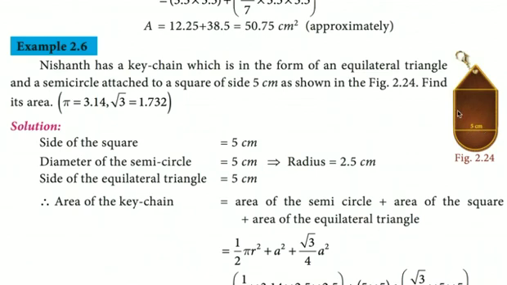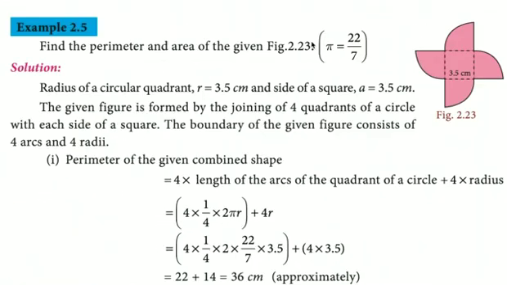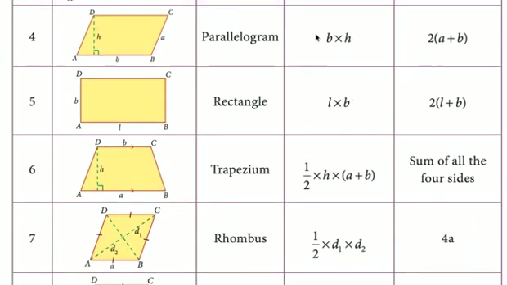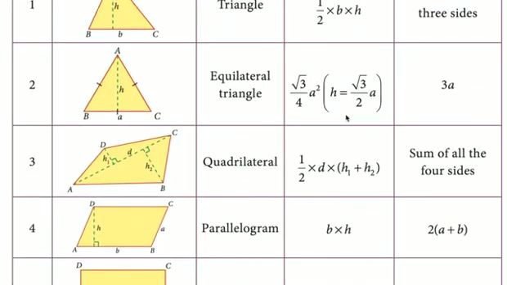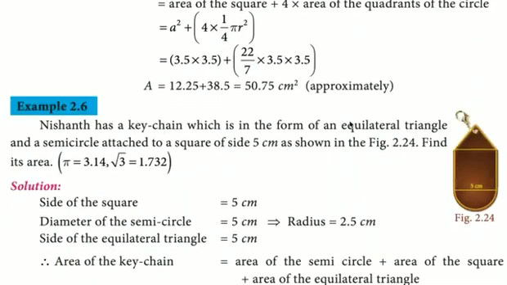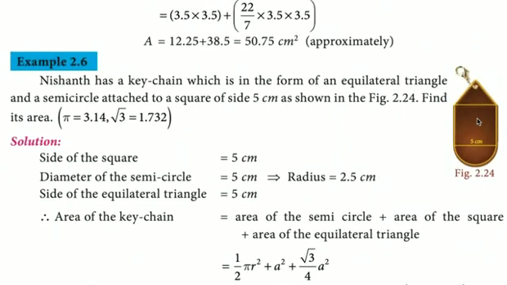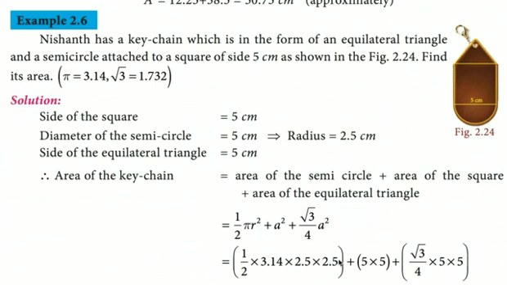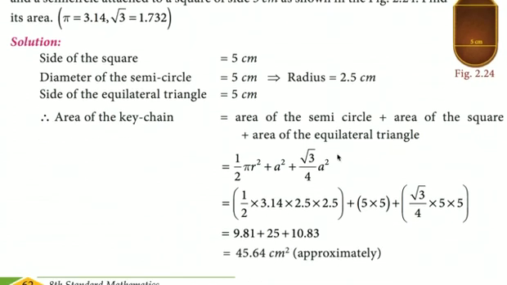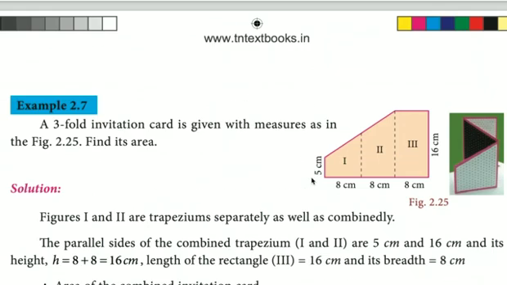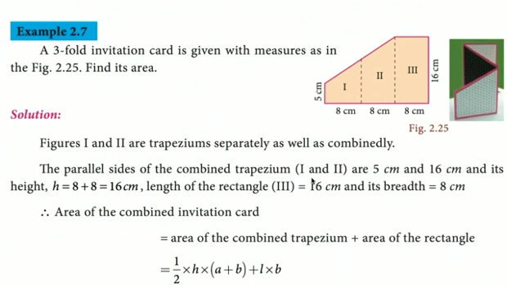And area of the square is 5 into 5, 25 cm square. Area of an equilateral triangle, root 3 by 4 a square, right? So root 3 by 4 into 5 square. So use the simple formulas, you will get the answer. There is nothing much there to solve.